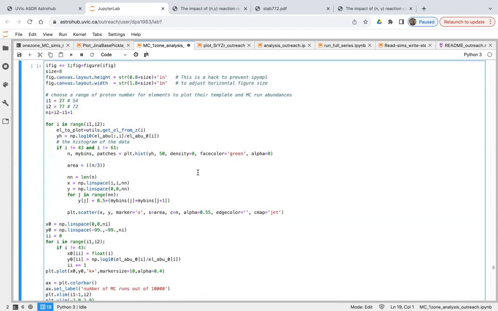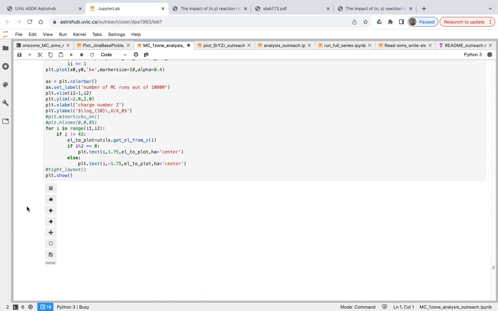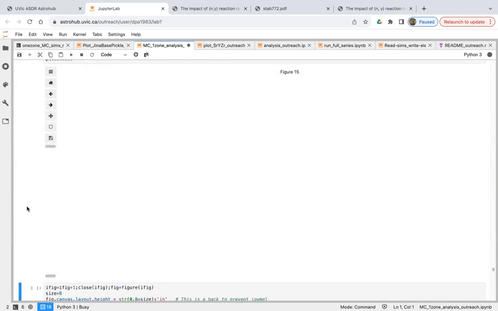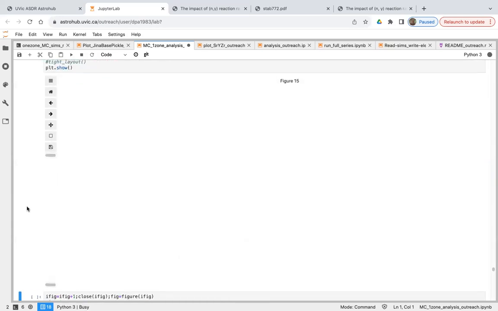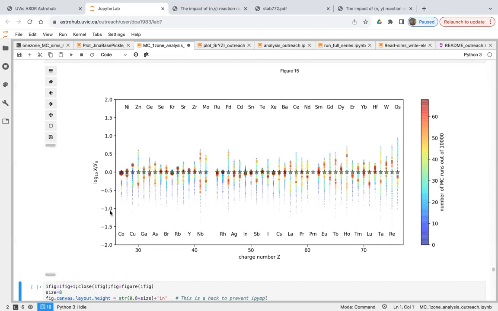Okay, now next plot. This plot shows the distribution of the results of our Monte Carlo simulations for different elemental abundances, going from cobalt to osmium.